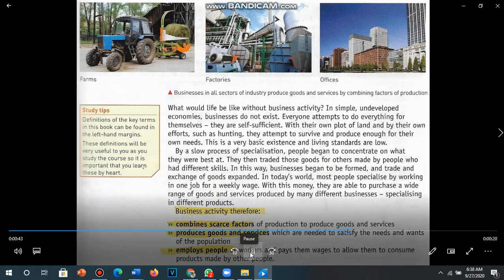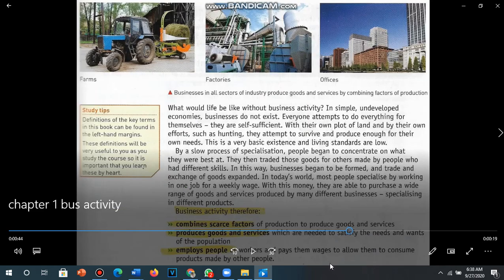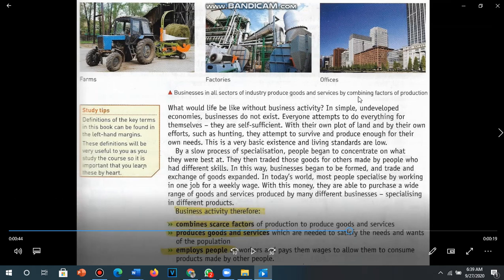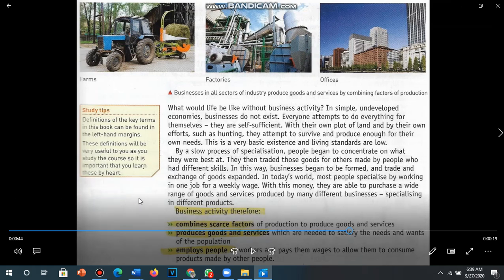Okay, let's see. We have here some examples of businesses in farms, factories, and offices. Businesses in all sectors of industry produce goods and services by combining factors of production. Now let's read on. What would life be like without business activity?